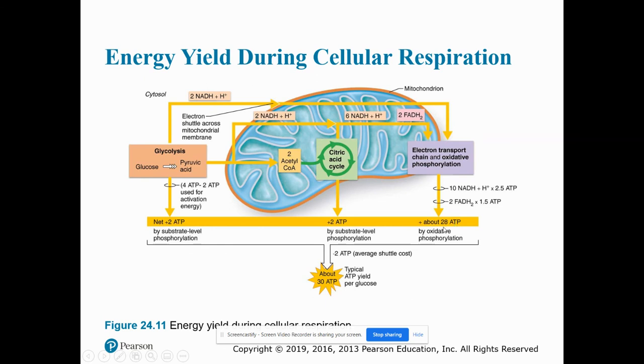And this is going to give us 28 ATP via oxidative phosphorylation. When we add the 2 and 2 and 28, we get 32, but we have to subtract the shuttle cost of 2 ATP to give us about 30 ATP from a glucose molecule.